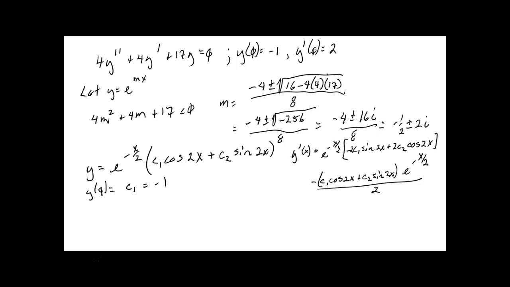All right. Now with that, we plug in 0 again. Y prime of 0 is equal to, and the e to the minus x over 2 is still 1. Nice. And what do you get on the next one? Okay.